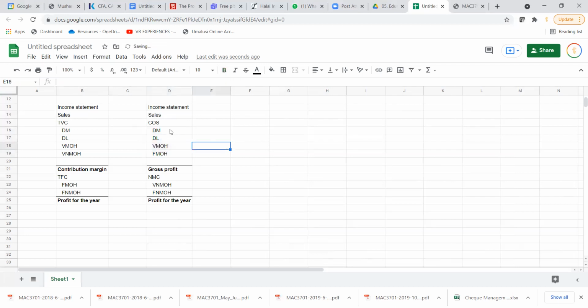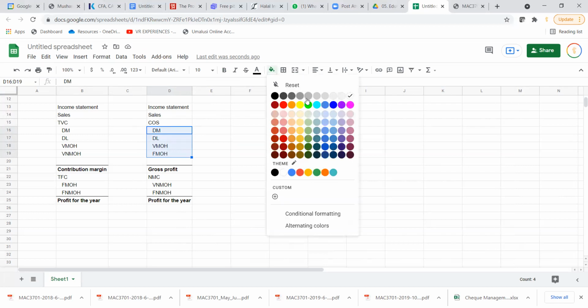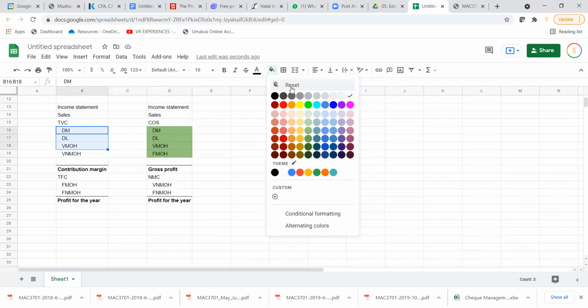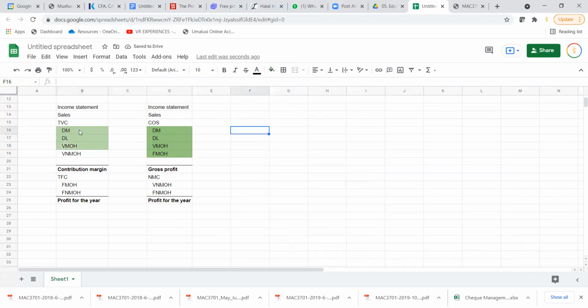Now take note, the items highlighted in green is the cost of a product. Very important to understand.